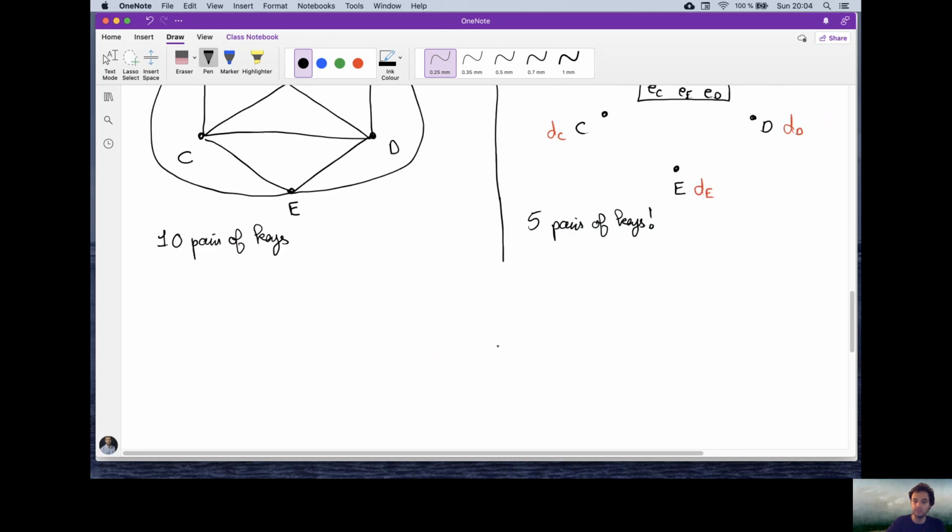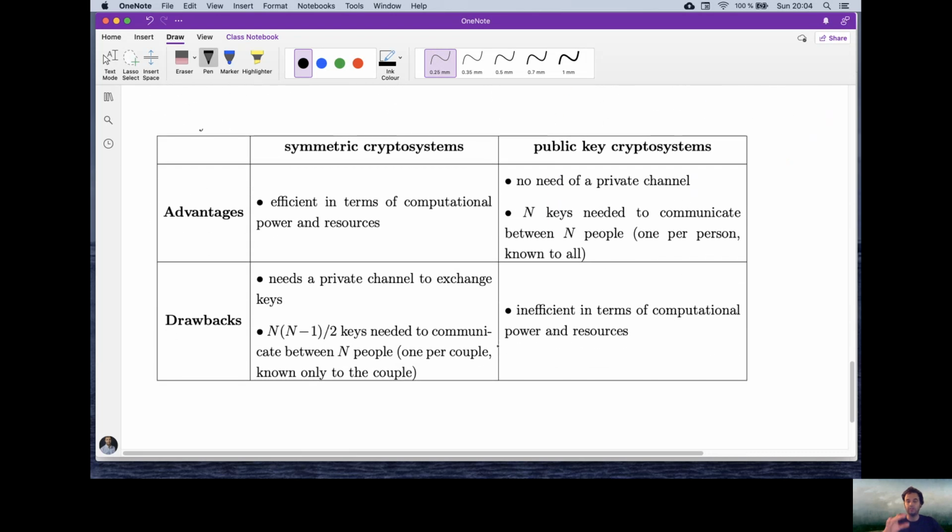So just to finish, here is the summary, right, of the advantages and disadvantages of symmetric cryptosystems versus public key cryptosystems. The drawbacks of symmetric cryptosystems we have already discussed, which are mirrored by the advantages of public key cryptosystems. The only thing that is an advantage for symmetric cryptosystems that we have not discussed is that they are much simpler in their structure.